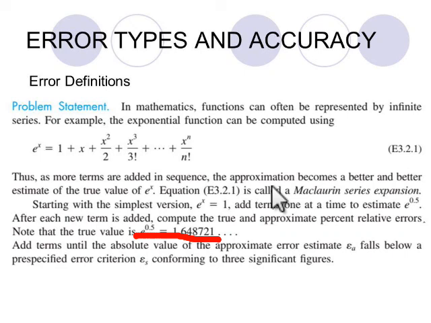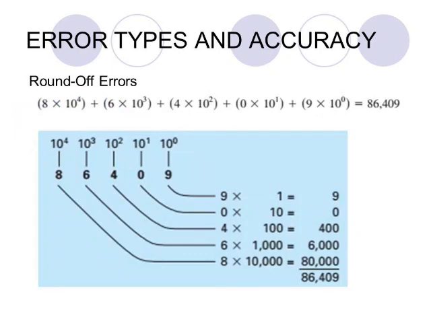And we are asked to calculate the approximate relative error with 3 significant figures. Okay, now this is what is asked.